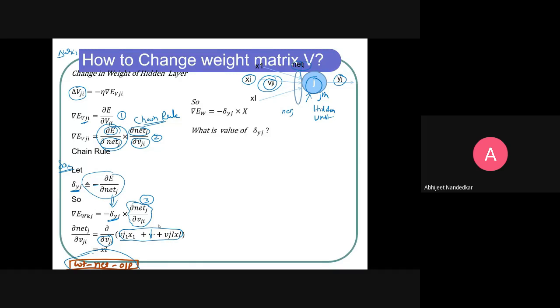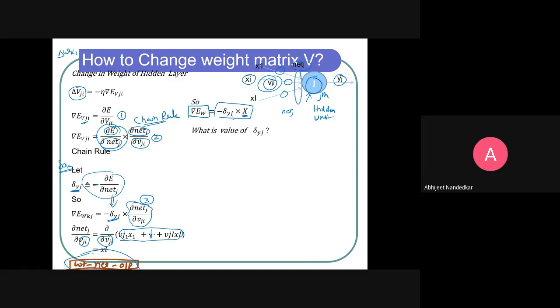So when you differentiate with respect to all Vji's, that is this weight and so on up to the last weight, you will get a gradient vector like this. So X is the input vector.